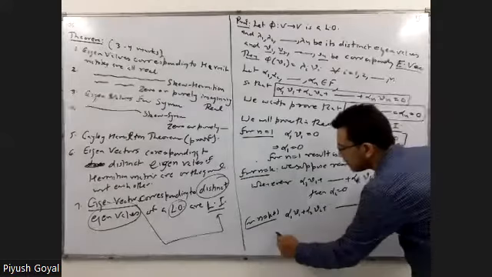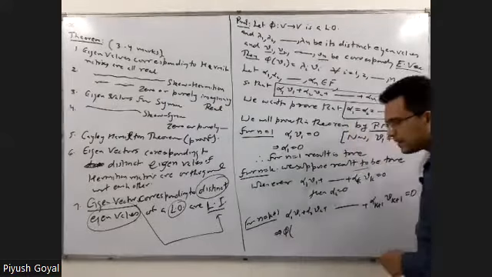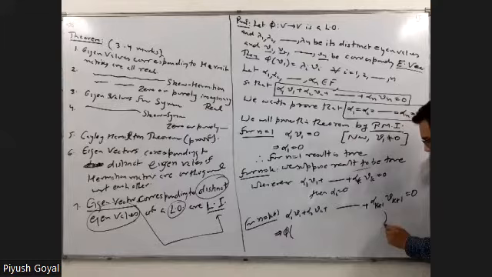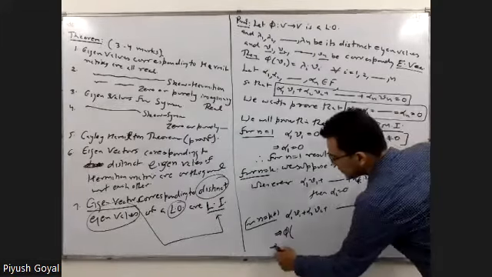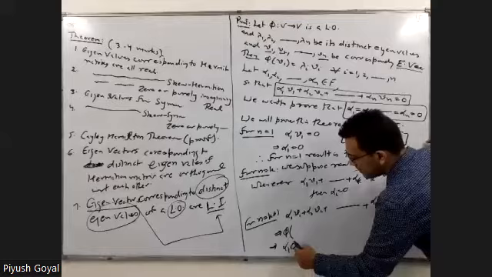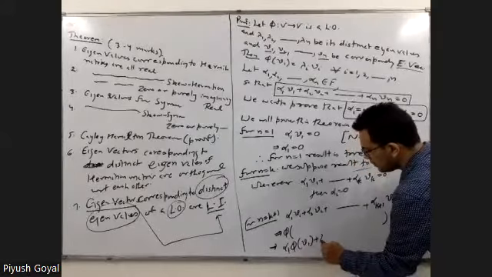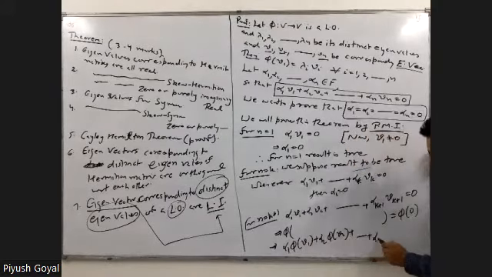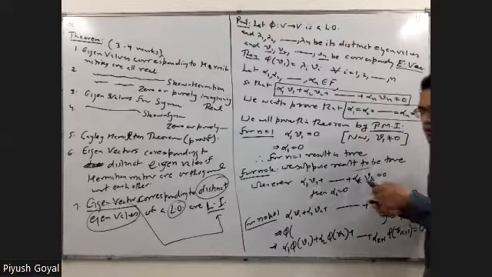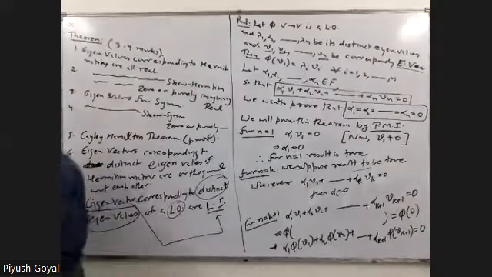Fine. We apply phi on it, phi on the whole thing equal to phi of 0. So you see this becomes alpha 1 phi v1 plus alpha 2 phi v2 up to so on alpha k plus 1 phi vk plus 1. This thing is equal to 0, because 0 will always go to 0, you know this.